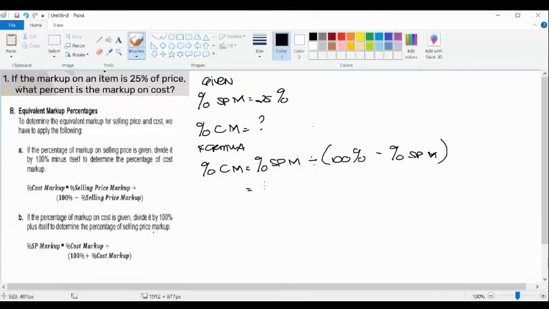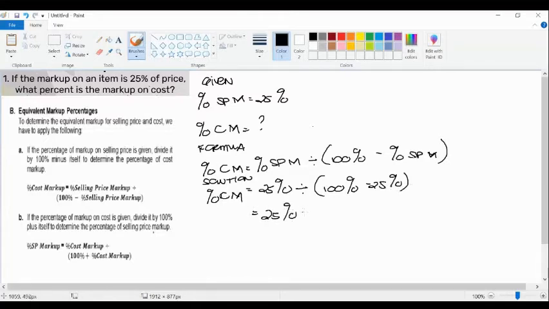Okay? So we have 25%. So this will be our solution. Cost markup equals 25% divided by 100% minus 25%. And then 100% minus 25% will give us 75%.